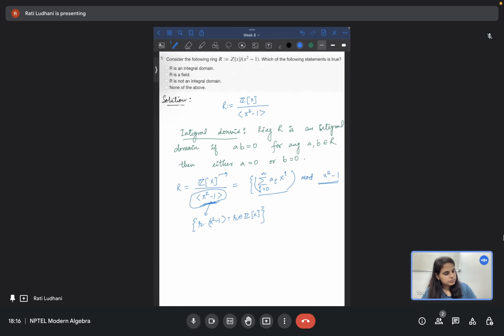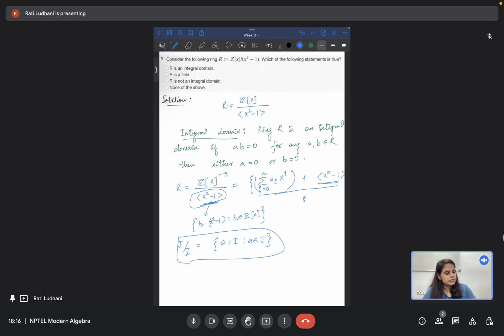I can use a bar. So any element will look like a plus I. Any element of R mod I, or let's write J mod I, is like any element a plus I where a belongs to J. In that fashion we have this kind of notation, or maybe we can write f plus (x square minus 1), where f belongs to Z[x].